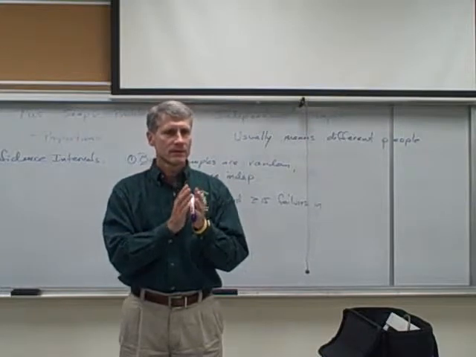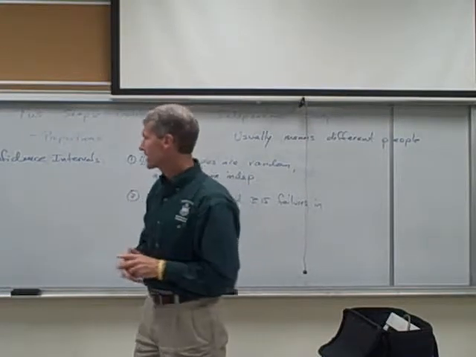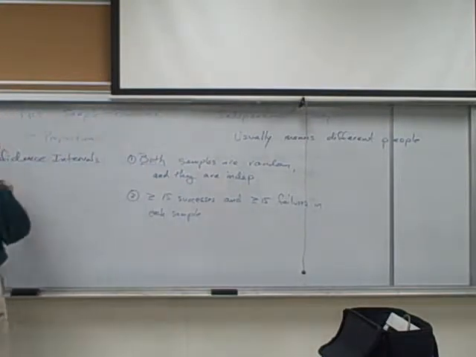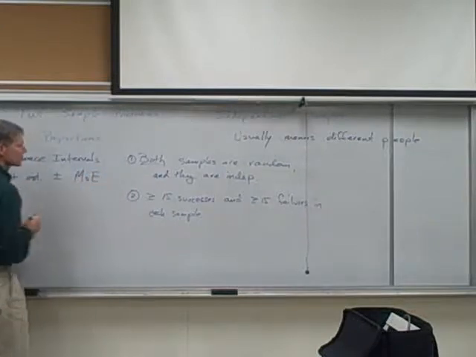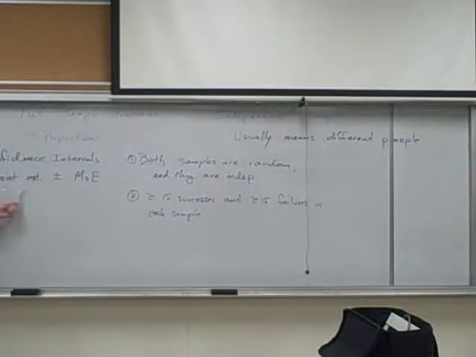Plus or minus a margin of error. Good. Point estimate plus or minus a margin of error. So now all we have to do is figure out, well, what is our point estimate and what is our margin of error? And remember, that changes depending on whether it's a means problem or a proportions problem, 1 sample, 2 sample, those things are going to change. But in general, it always looks like that.